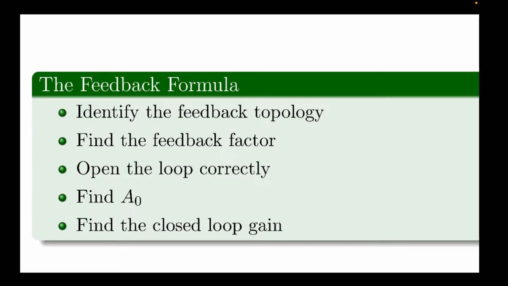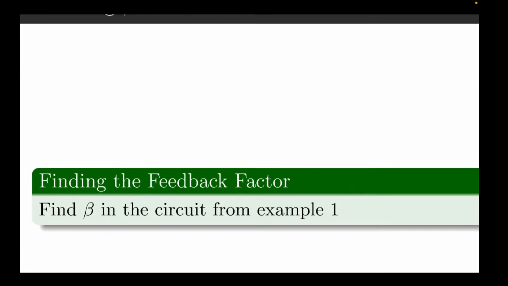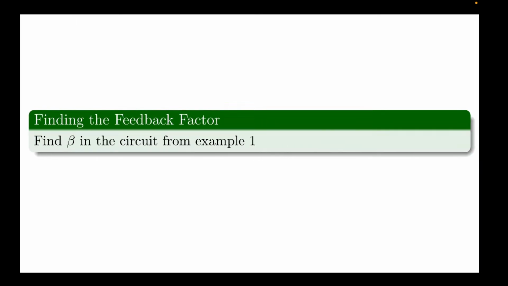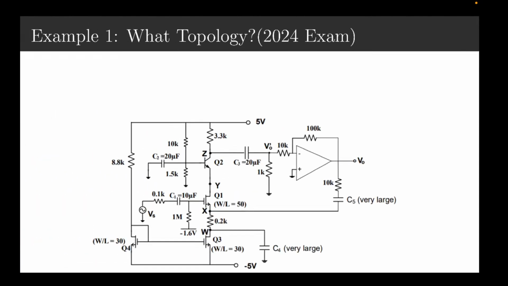I'm going to show a little bit of a different way. I think the way that's been explained in the lectures is sufficient, but I'm going to show a little different perspective on this. Then we're going to find the open loop gain and then the closed loop gain, and the rest is pretty simple.